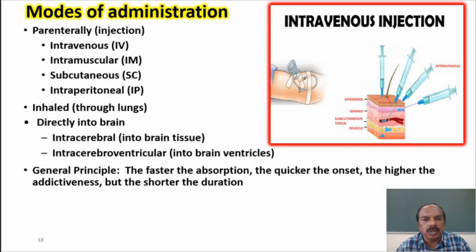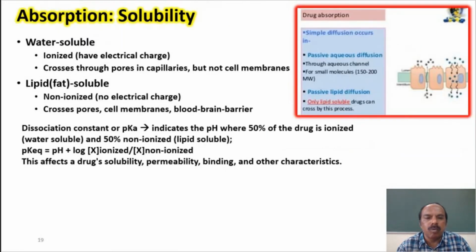So doctors and medical practitioners use the specific method of administration of a particular drug in order to see that the drug is absorbed very well and is acting on the body quickly, effectively, efficiently. So these are the different modes of administration of drug.